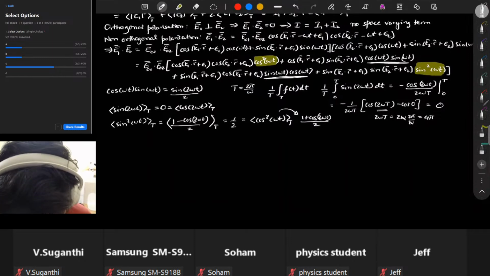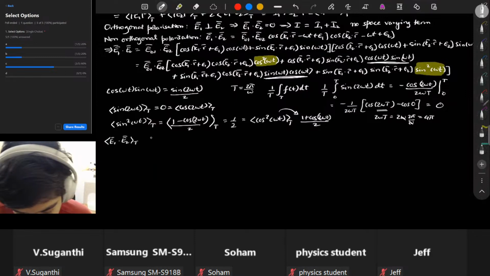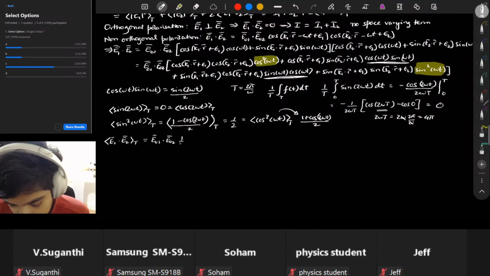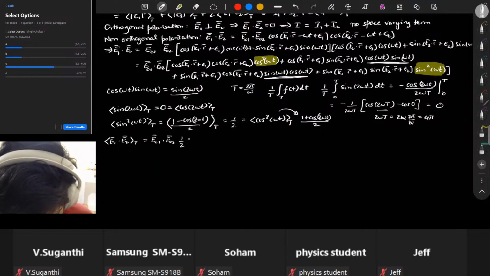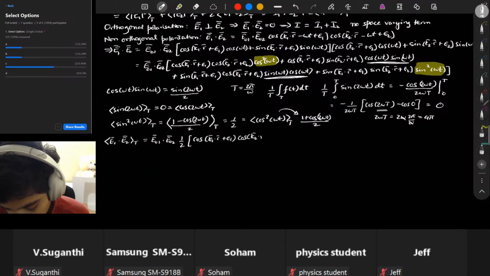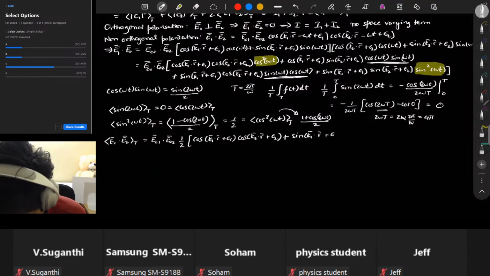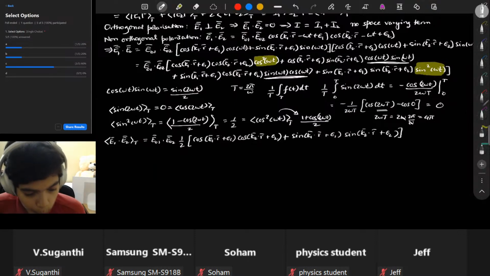So finally, the time average of E1 dot E2 is E01 dot E02 into 1 by 2 because of the time average, and within the brackets we have cos of k1 dot r plus epsilon 1 into cos of k2 dot r plus epsilon 2, plus sin of k1 dot r plus epsilon 1 into sin of k2 dot r plus epsilon 2. This is what we get in the bracket.